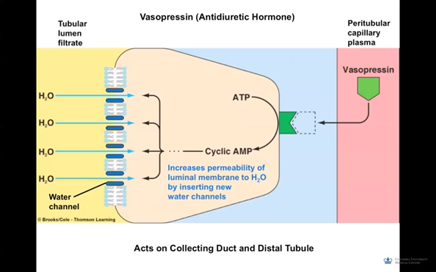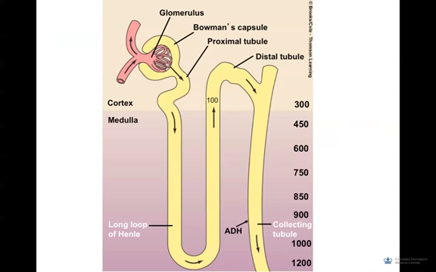So if we just back up right here, when ADH levels are at normal levels, that means we're producing urine of normal concentration, of 300. That means that ADH concentration is at a level that allows for enough water to be reabsorbed to equilibrate to 300.